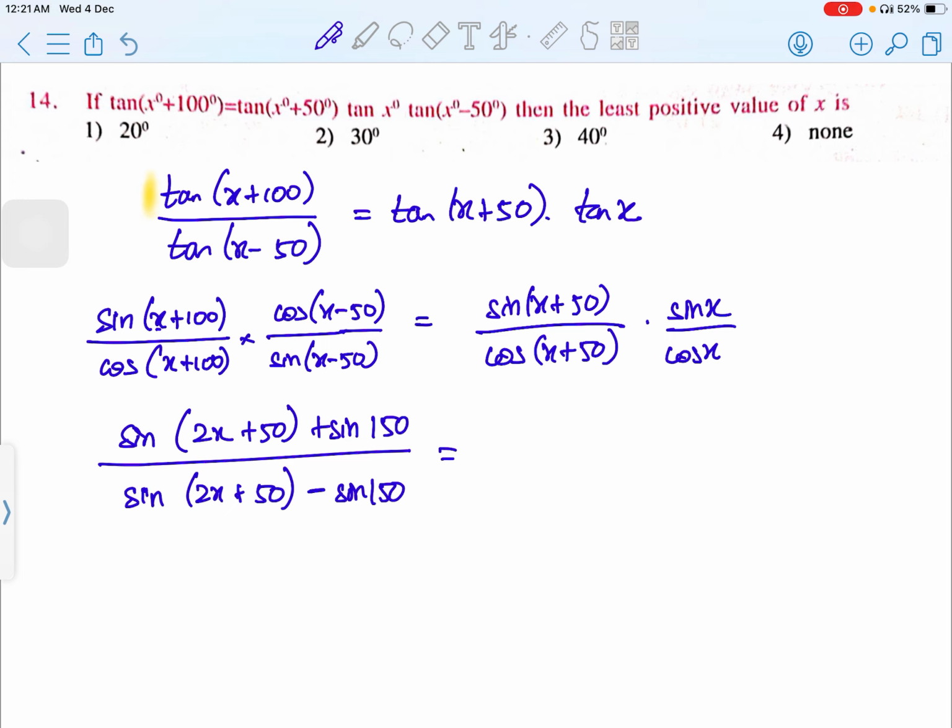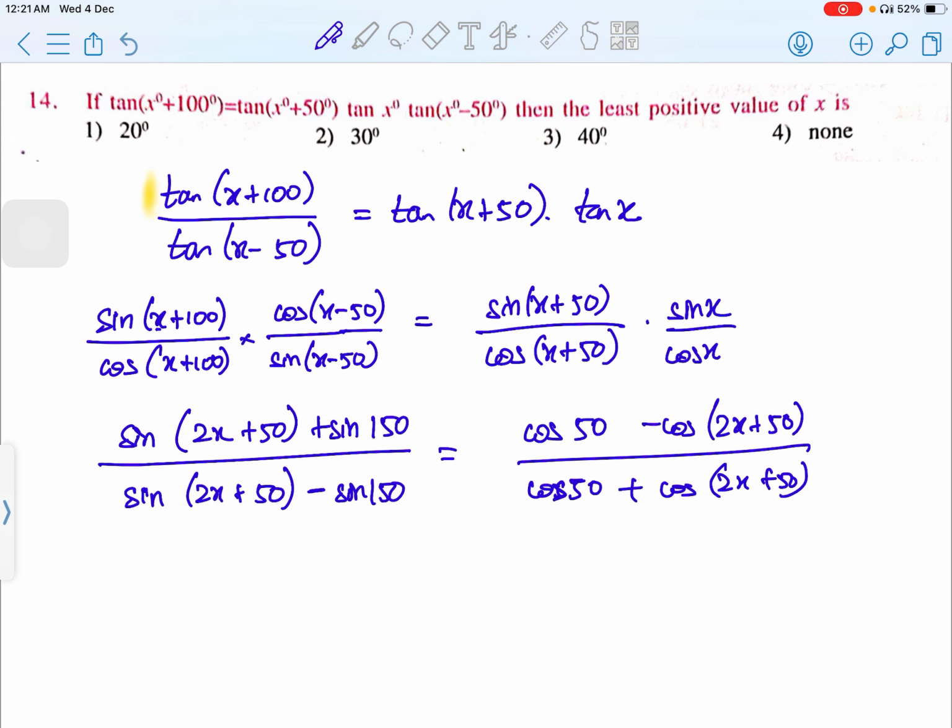Here you apply the formula sin a sin b, cos of the subtraction and addition of both: you will get cos 50 minus cos of 2x plus 50, divided by cos of 50 plus cos of 2x plus 50.